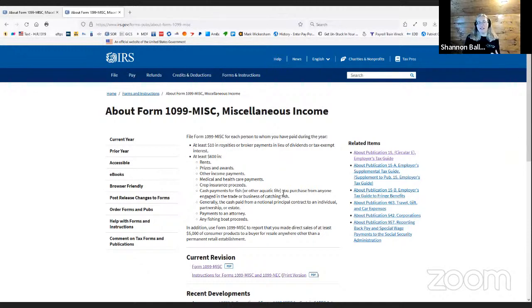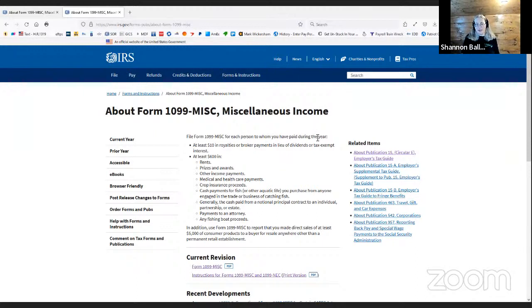If you sent at least $10 in royalties or broker payments in lieu of dividend or tax-exempt interest, a 1099 needs to be sent. Also, if you've paid at least $600 in rent, prizes and awards, other income payments, medical and healthcare payments, crop insurance proceeds, cash payments for fish or other aquatic life you purchased from anyone engaged in the trade or business of catching fish.